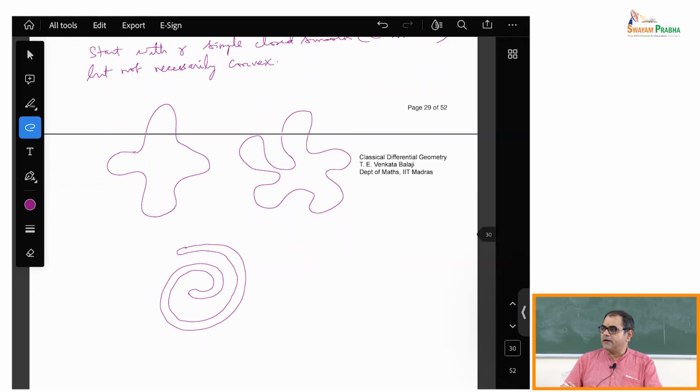And you would like to give a geometric proof in this case. Of course, if you draw such a curve, you can physically see that there are at least 2 vertices. But the point is you have to give a geometric proof. So the idea of Osserman is that you have to look at what is called the smallest circle that encloses and touches the whole curve.